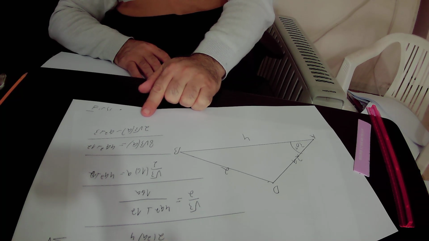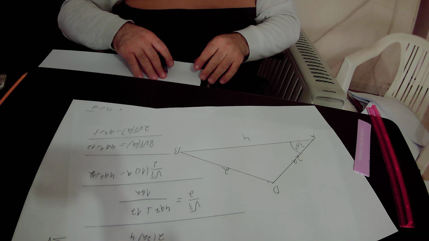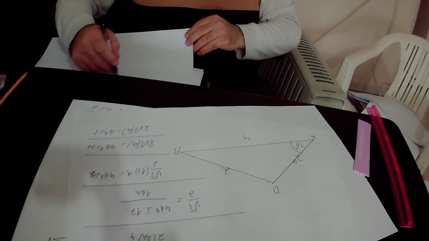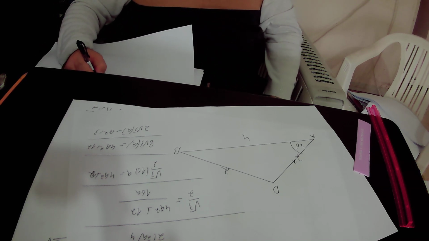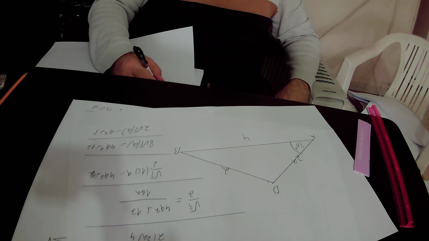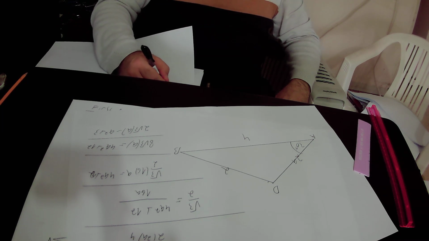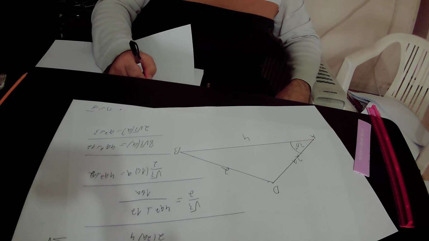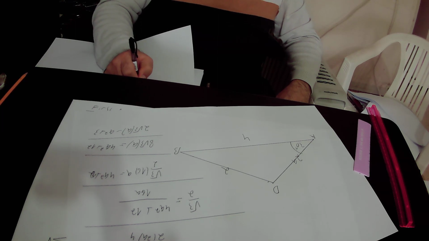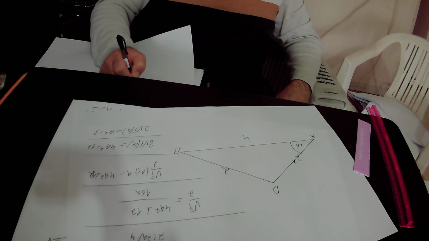Here we will subtract from this equation 2 times square root of 3a, and we will get that a squared plus 3 minus 2 times square root of 3 times a equals 0.